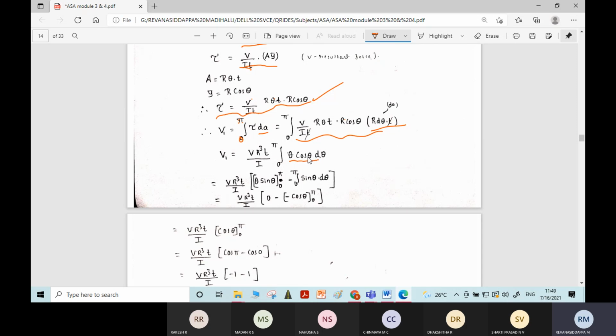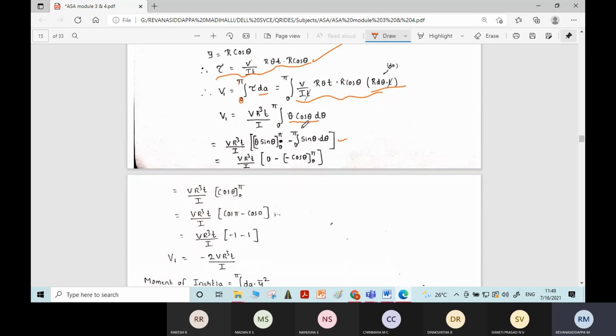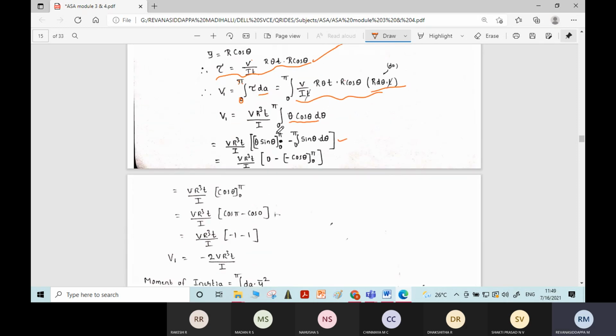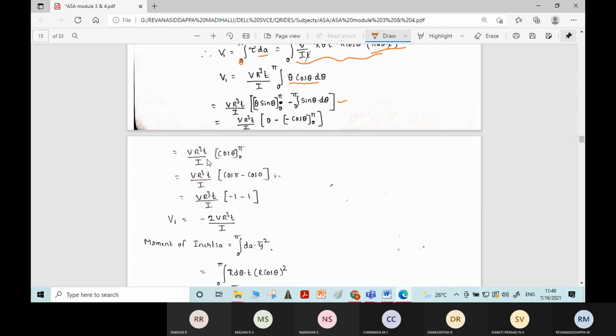It is in the form of integration of A into B, so again you need to apply the integration rule for the product. Integration of A into B is the first term into integration of the second term, with limits.